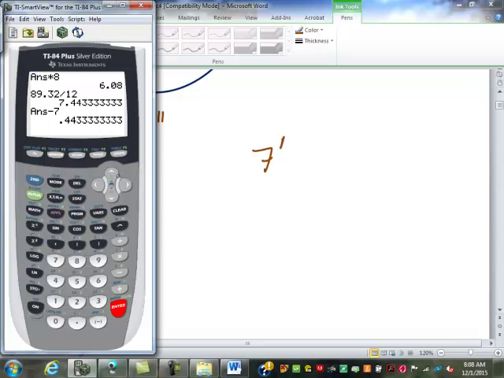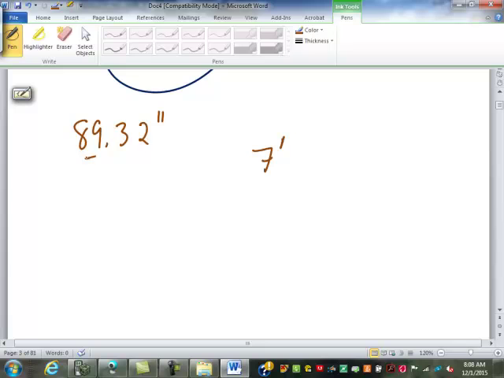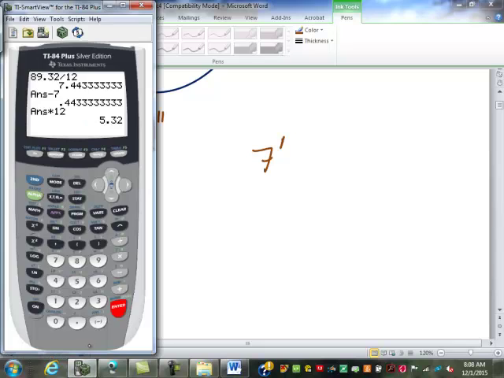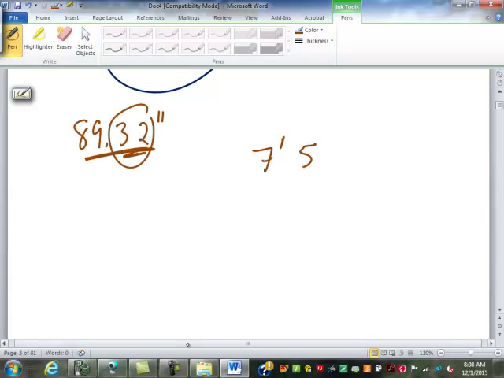Now, of course, I got to turn it back into inches, times 12. Now I'm going to show you a little trick here. It's 5.32. Where does that 0.32 look familiar from? We started out with 89.32. If I do this correctly, when I multiply it back like that, the decimal should be the same as what we started with. Okay? So I got 5.32, so I have 5 whole inches.